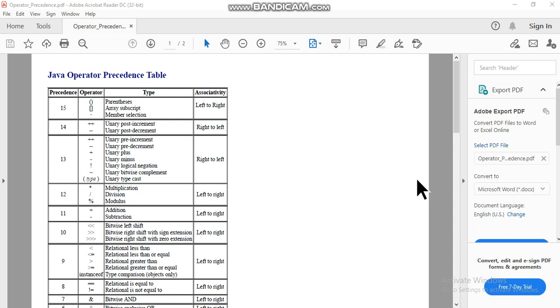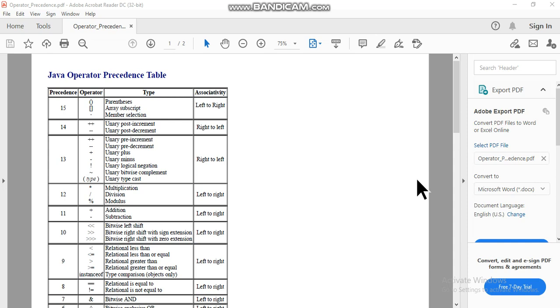For these kinds of operators, the associativity is right to left. So the order of evaluation is from the right direction towards the left of the expression. These include pre-increment, post-increment, unary plus and minus, logical negation, and the bitwise complement operator.